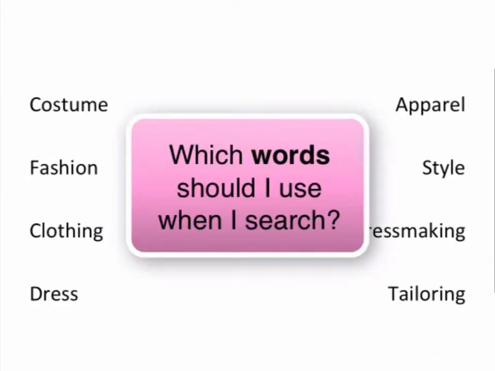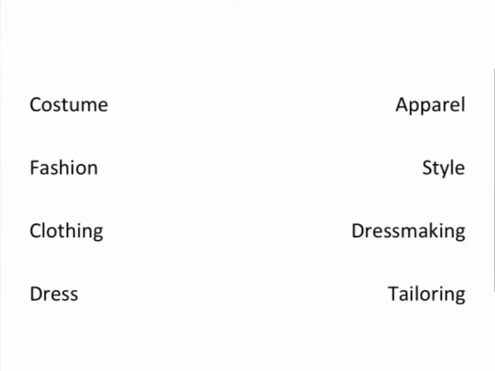One of the first things we need to talk about are the words that you use when you are searching for information. In any research topic, there's always multiple ways to say the same thing. Words that are different but still have the same meaning. And you'll find that different sources will use different words when they're really talking about the same thing.